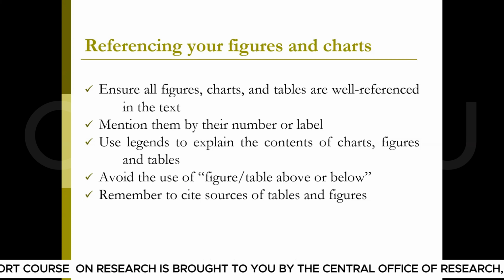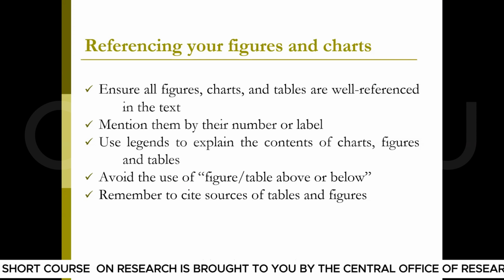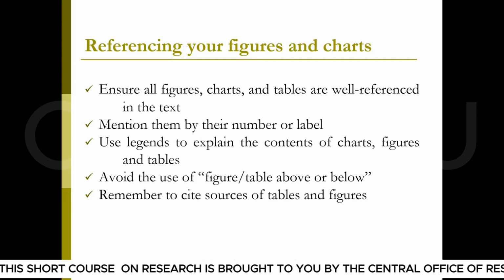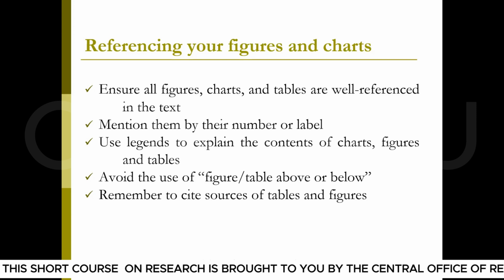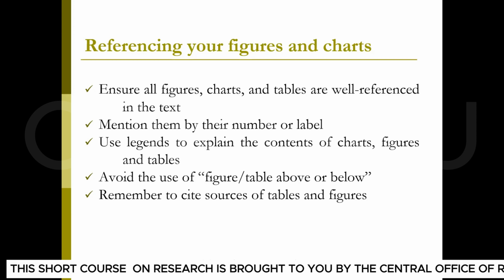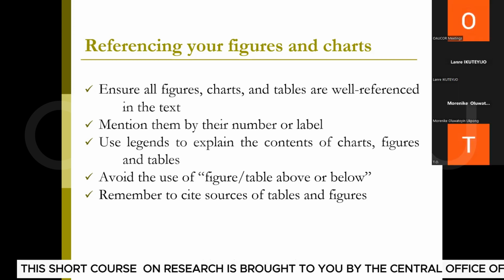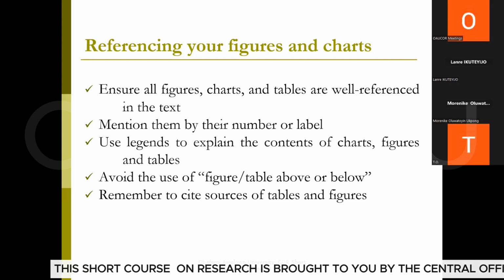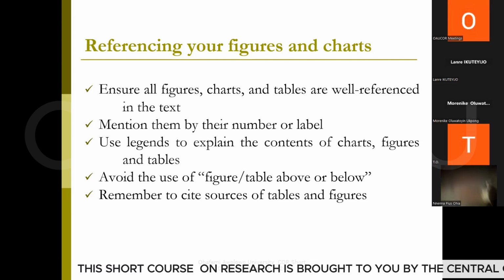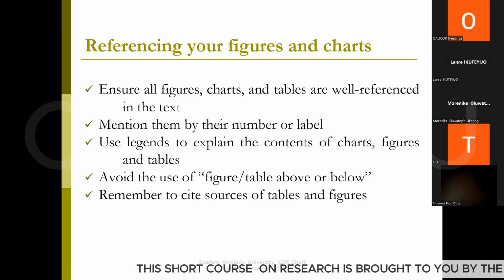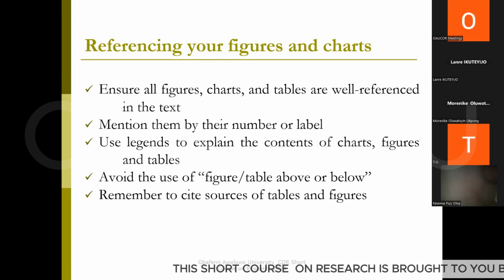The next table, of course, comes by the next research question, followed sequentially by other themes, thematically, until you get to the next research question, and they are labeled Table 1, Table 2, Table 3. So by the time you are making references, you refer to them as Table 1, Table 2, Table 3, or Figure 1, Figure 2, or Slide 1, or Film 1, or whatever illustration you have used.